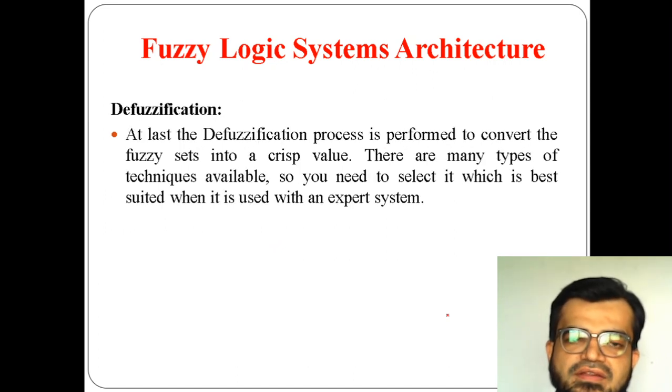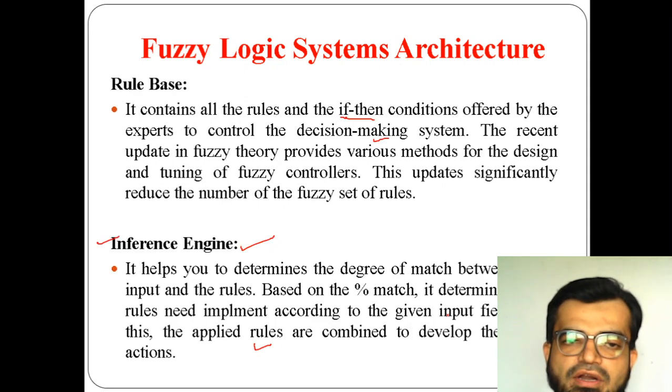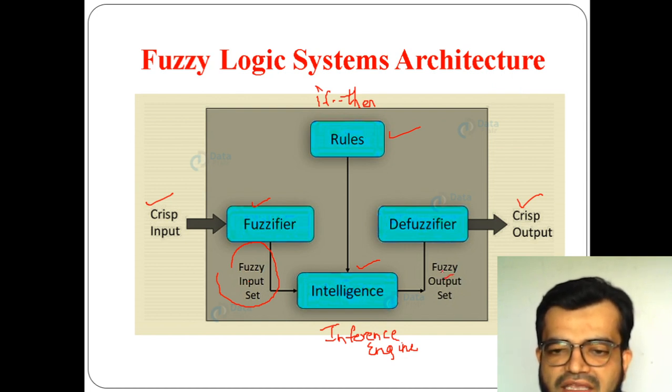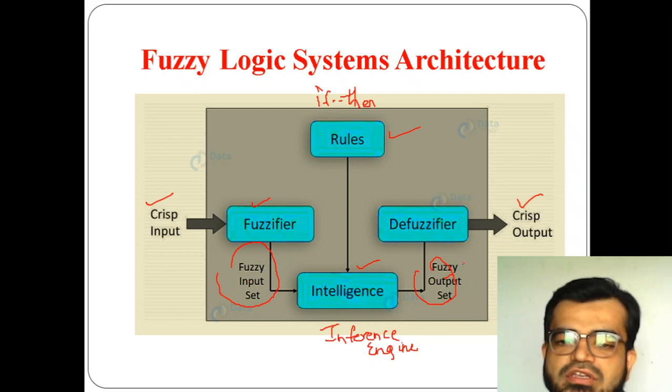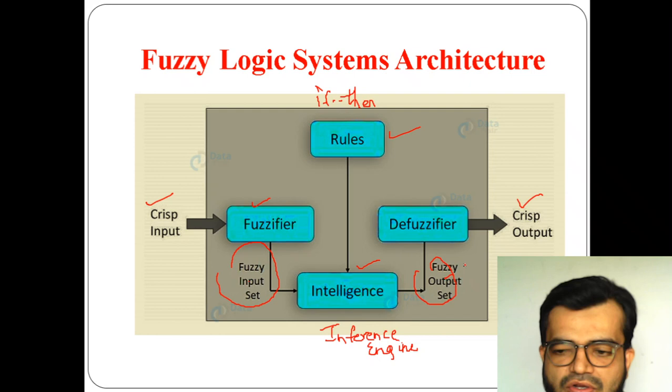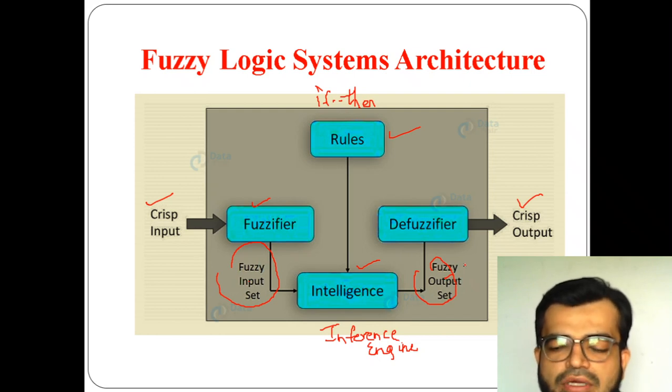This is how the inference engine works. At the end of this intelligence stage, it gives you a fuzzy output set. Now this output is still fuzzy, but what we want is a specific time for how long the machine should work for a particular cloth. So an exact time has to be allocated with the help of the defuzzifier.